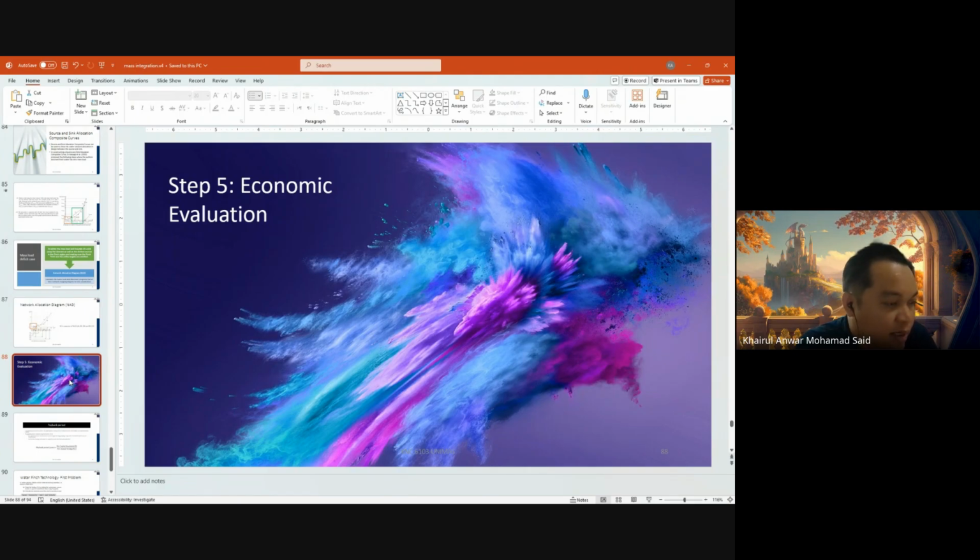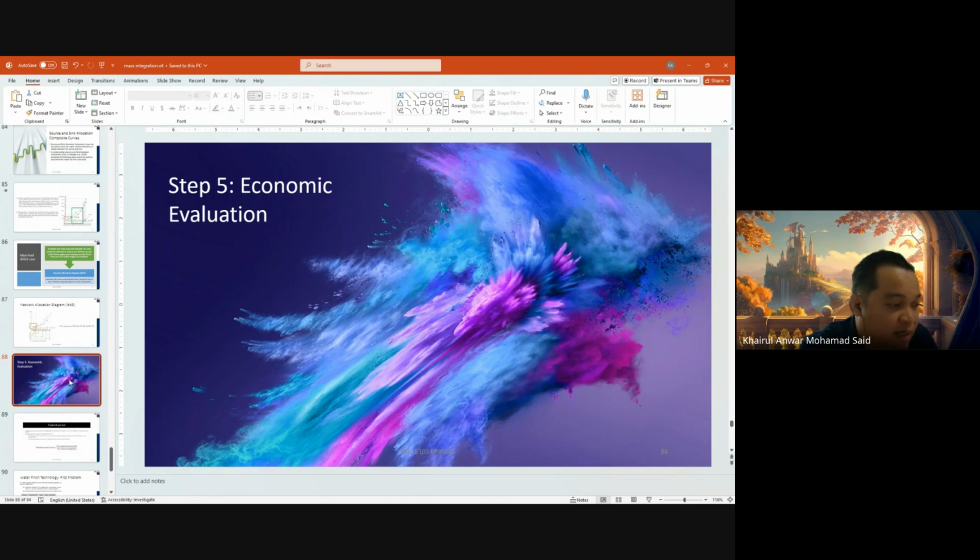So you need to understand that although the design is thermodynamically perfect, one way to test it is by calculating the payback period. If it's too long, then it's no good.